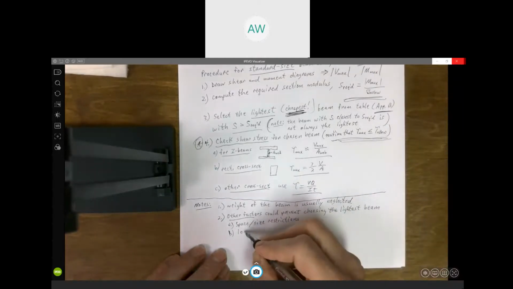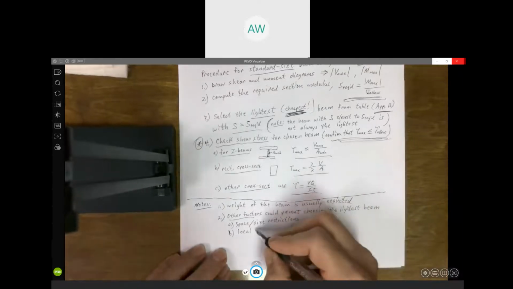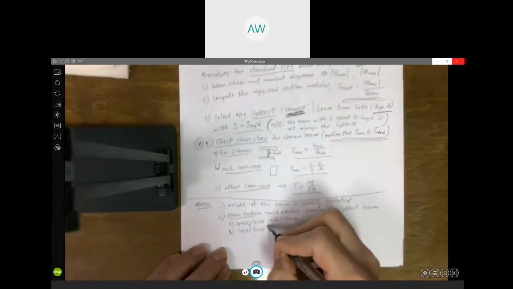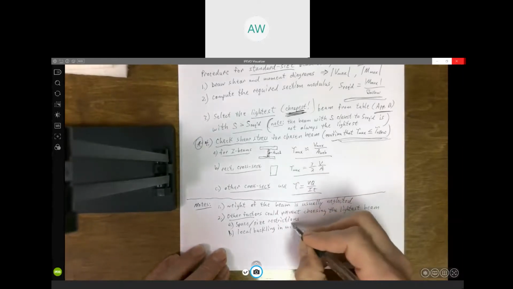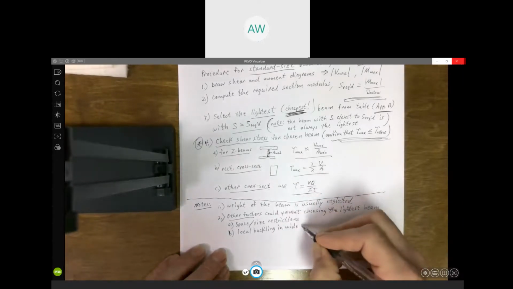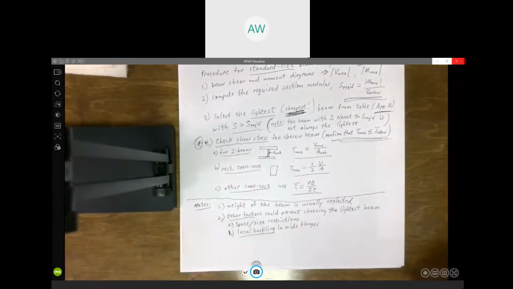One of the other ones I'll mention, I think I brought this up when we started talking about bending beams, is local buckling, especially if you're using wide flange I-beams. That was one of the things I mentioned for why it was important to differentiate between tension and compression when you're bending something.